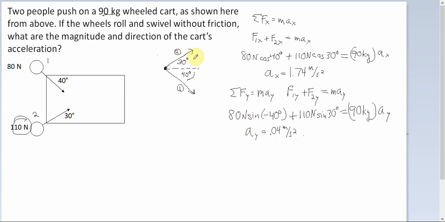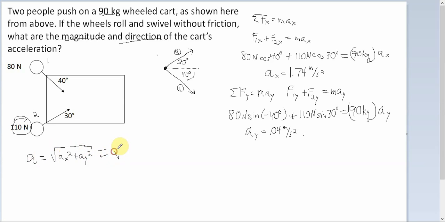components of our acceleration. And the problem says we want the magnitude and direction of the cart's acceleration. So to get the magnitude of a vector from its components, remember we say that a is equal to the square root of a sub x squared plus a sub y squared.